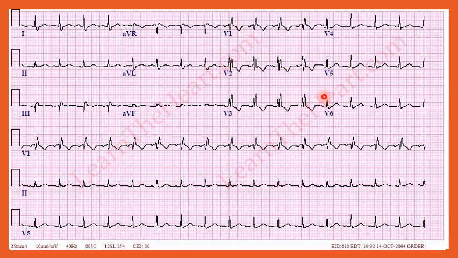We see an R slurred S. And you really want to see a slur? Look at V6's friend over here, lead 1. We see R, and then there's a slurred S wave. You can see it right here. So what this winds up to be then is a right bundle branch block pattern.